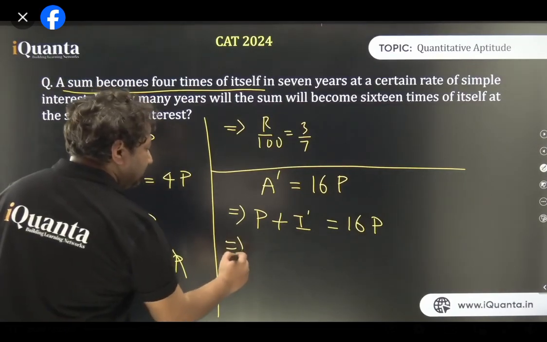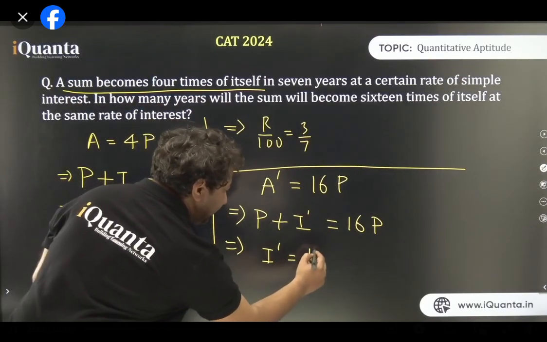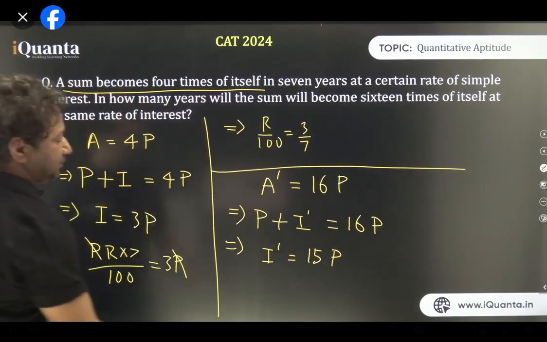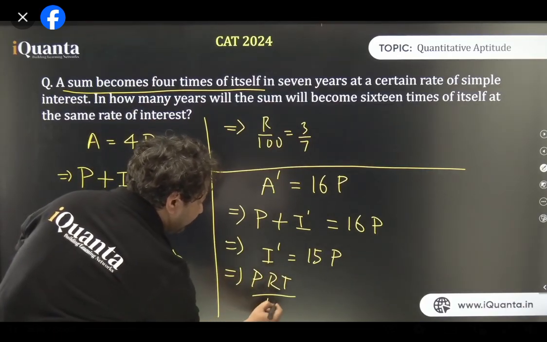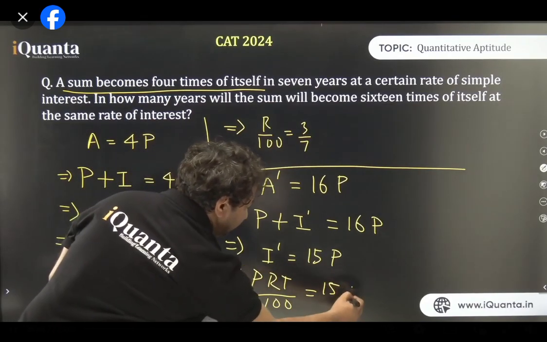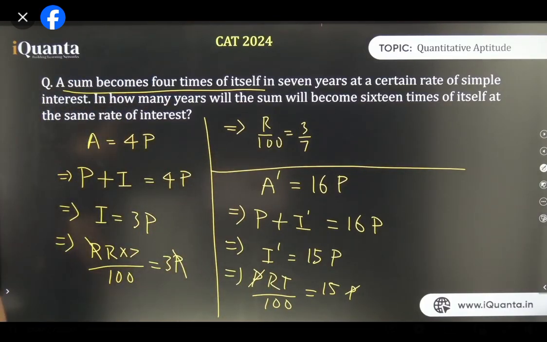Okay. So, which means I dash will be equal to 15 times P. Now we can replace, and I is nothing but P R T upon 100. This is 15P. P and P get cancelled, and we can replace R by 100 with 3 by 7. All right? Replace it and give me the answer.